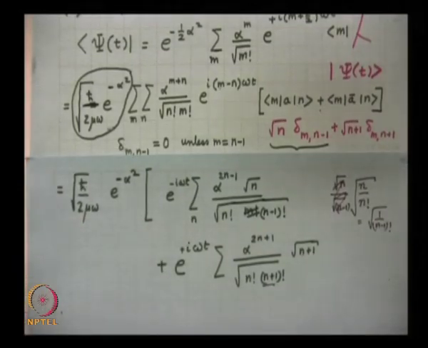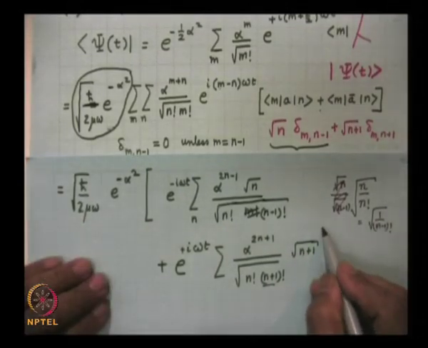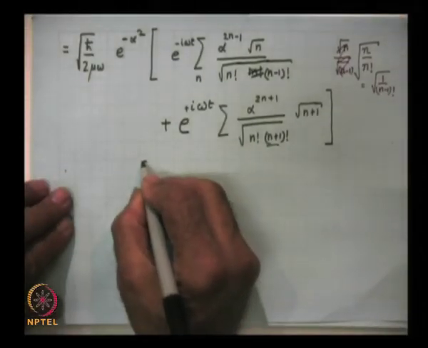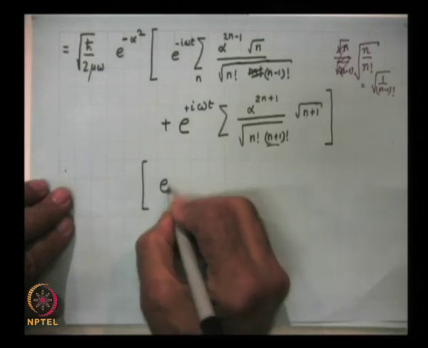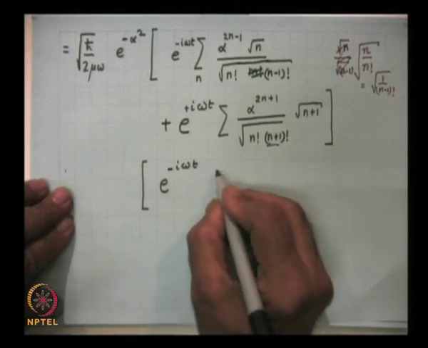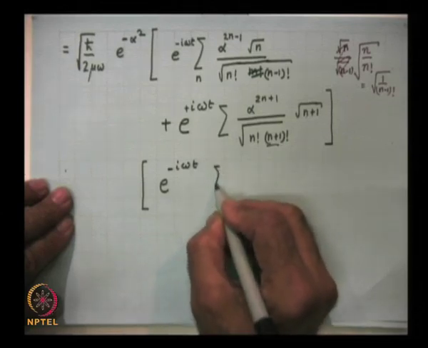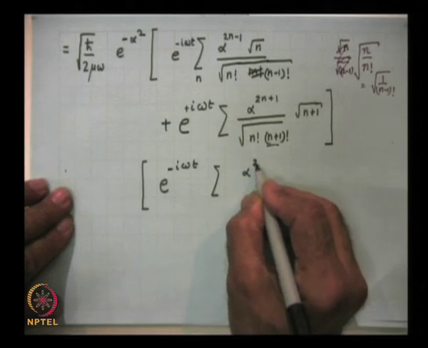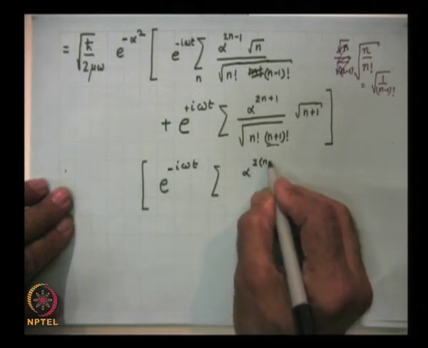So, therefore, I close the bracket here and I obtain e to the power of minus i omega t, let me write it down as alpha to 2n minus 1.